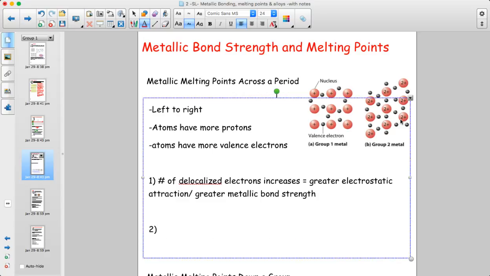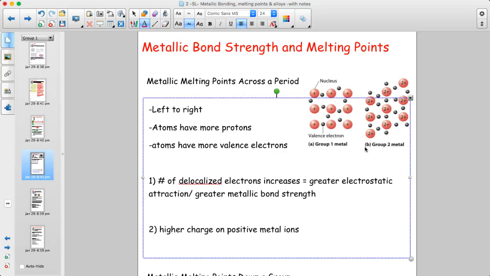The other thing that goes along with this is as you have more valence electrons becoming delocalized, you also have a higher charge on the positive metal ions. Things in group 1 only form +1 ions. They only have one valence electron that becomes delocalized. In group 2, you get 2 delocalized electrons per atom. You also get a 2+ ion.